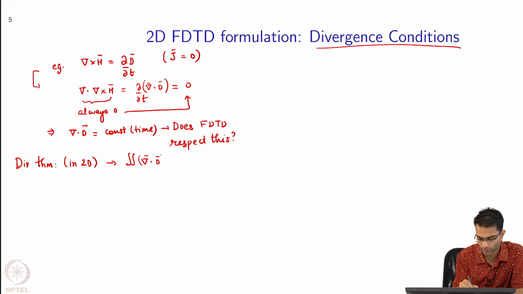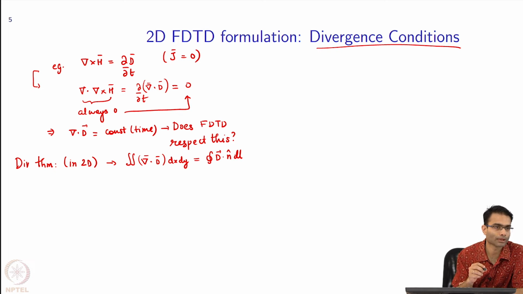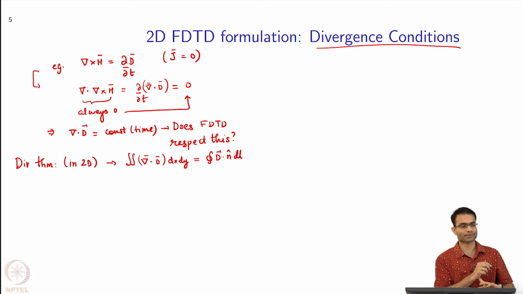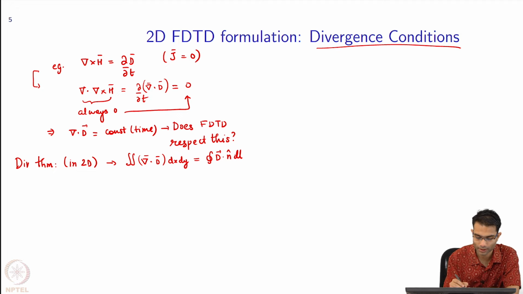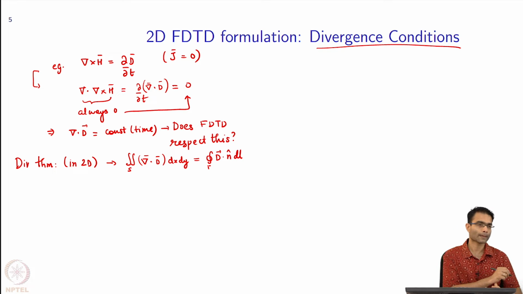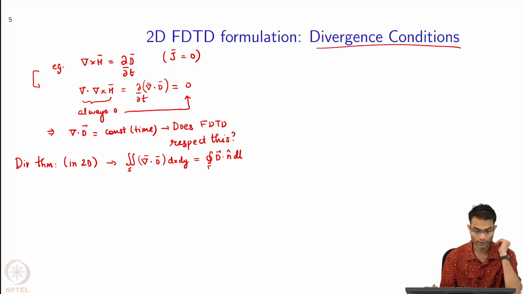The integral of divergence of D over dx dy will be the line integral of D dot n cap dl, the outward flux. So if this was region S, this is gamma around it. That's going to be one nice way of calculating del dot D over some space. And the right hand side has now become the outward flux of D.